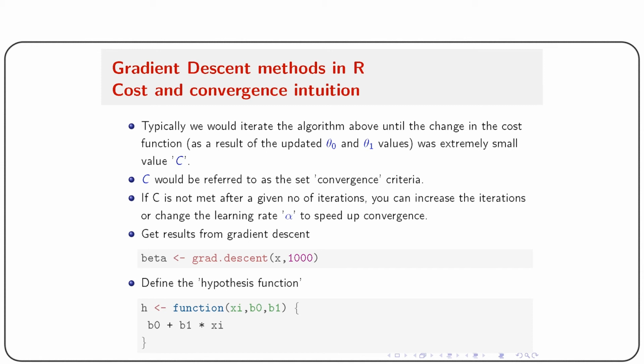Get results from gradient descent. Say beta equals grad.descent(x, 1000), and define the hypothesis function called h, as a function of theta, xi, beta naught and beta 1. It will return the actual predicted y, so beta naught plus beta 1 into xi.